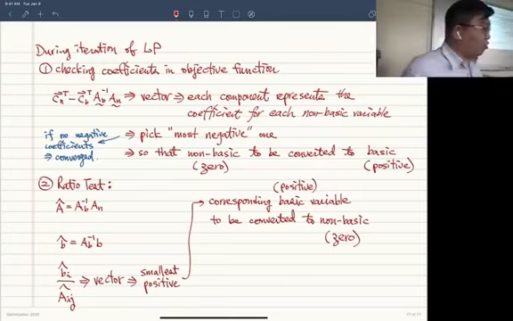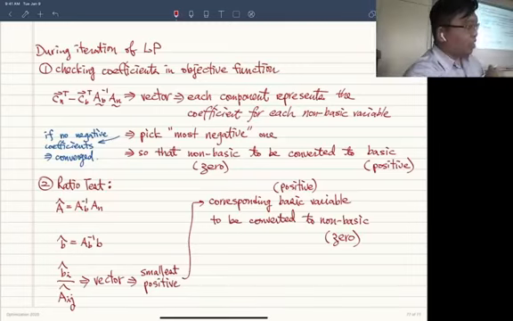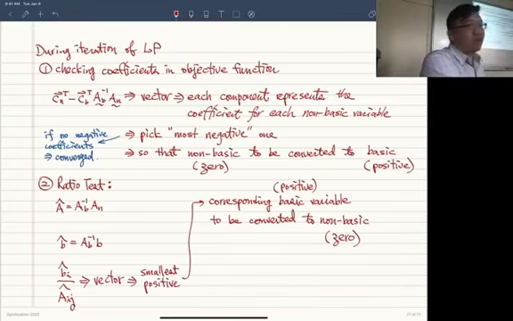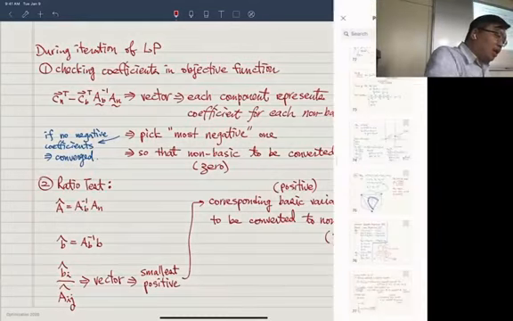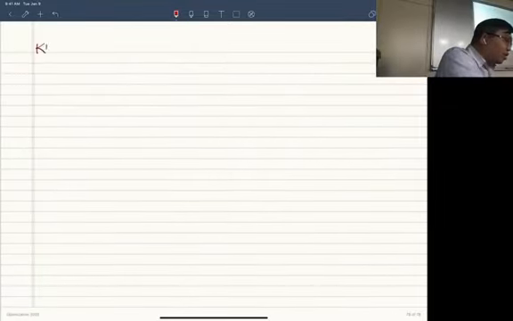So that's how you could find 2 variables to swap with each other: basic becomes non-basic, non-basic becomes basic. And then you continuously do this until you cannot find any better solution. This is how LP was able to find the optimal solution. Okay? Now, a week later, we reviewed something called KKT conditions.